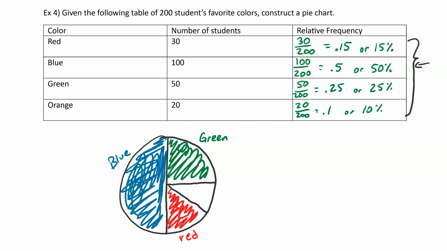And then lastly, that smaller section will be our orange. Again, this is not exact, but it gives a rough estimate and a good idea of what the pie chart would look like. You can use things like Excel, for example, to give an exact pie chart because the computer can do that very easily.